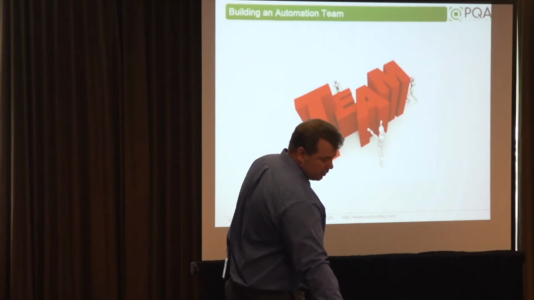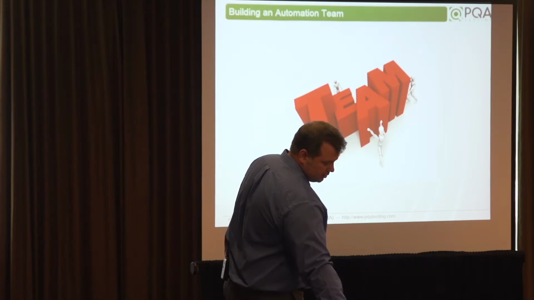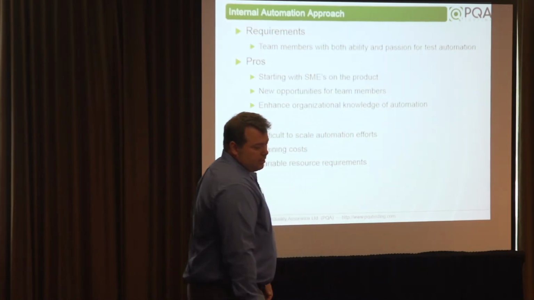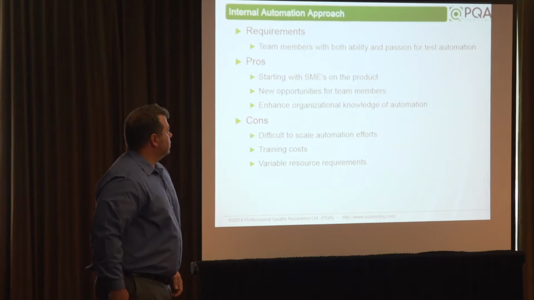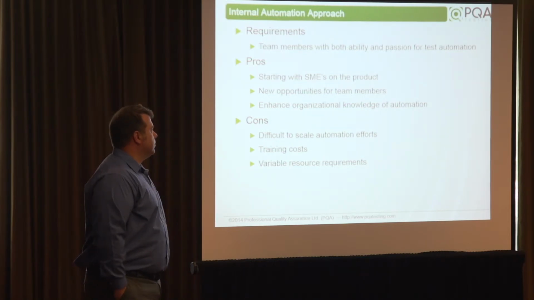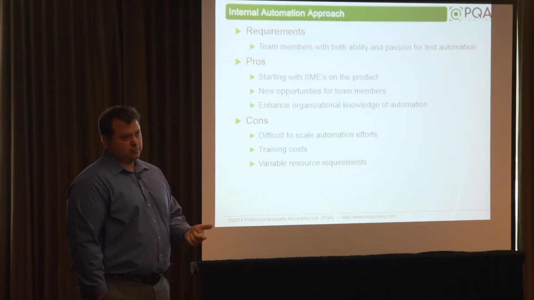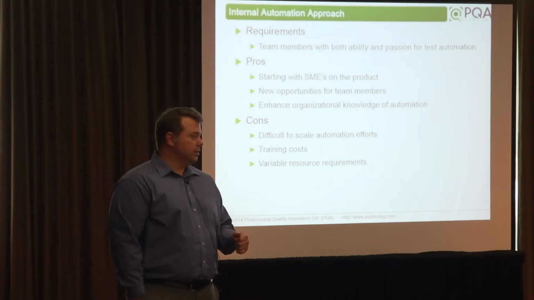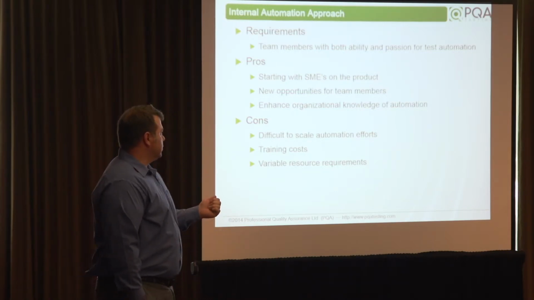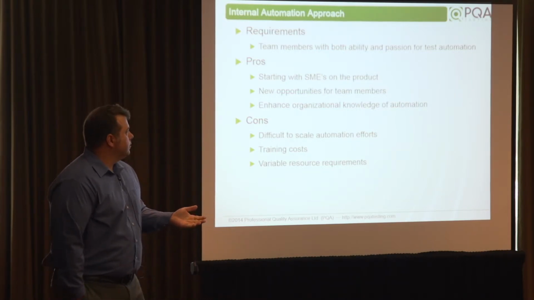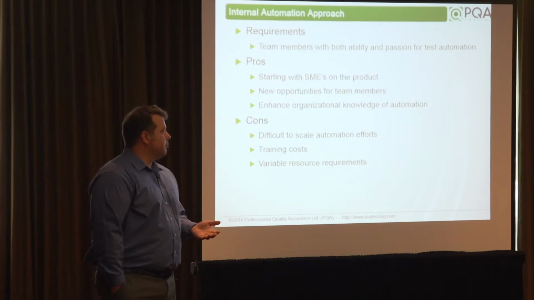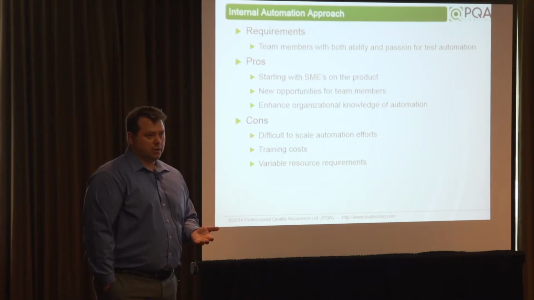So we're going to talk a little bit about building an automation team and how to structure that. The first consideration is internal resources, external resources, or some blend. With internal resources, basically, you need team members that have both the ability and a passion for doing this kind of work.